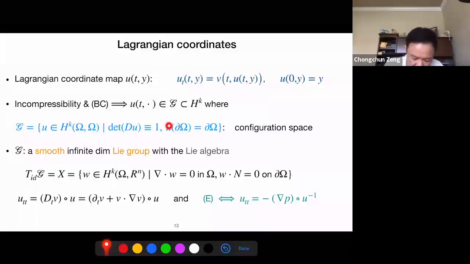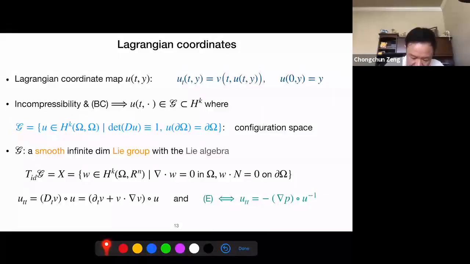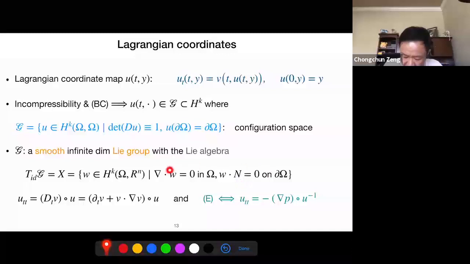One can rigorously prove this is a smooth Lie group, as a submanifold in the function space H^k if k is bigger than half of the dimension plus 1. The tangent space of this Lie group, the associated Lie algebra, is exactly the space where the Euler equation is given in the Eulerian formulation.